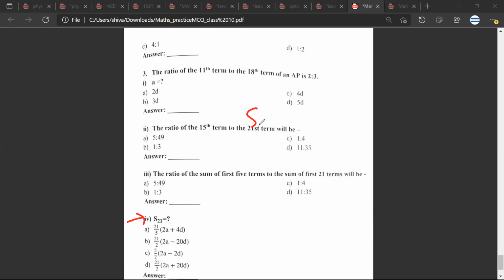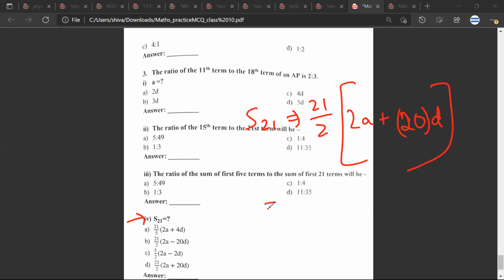How should we do this S21? So S21 would be 21 upon 2 into (2a plus (n minus 1) into d). So 2a would be equal to 8d.